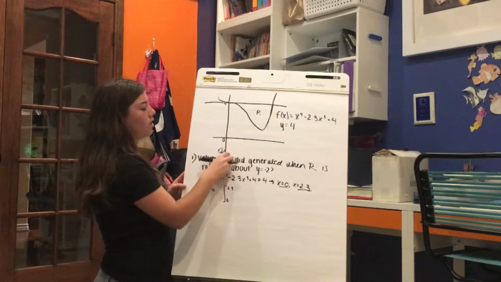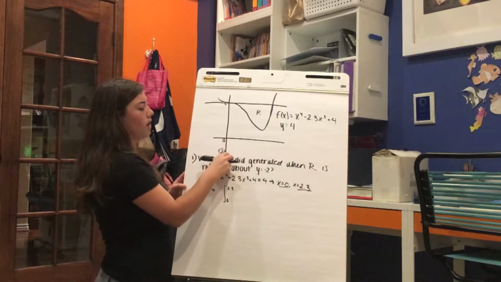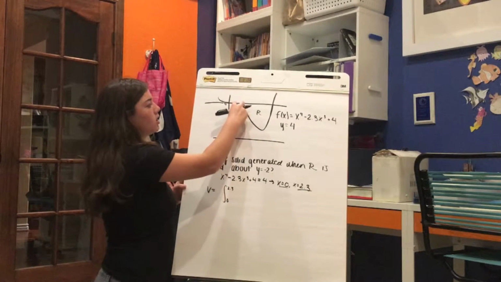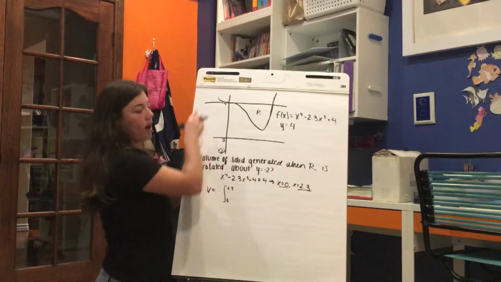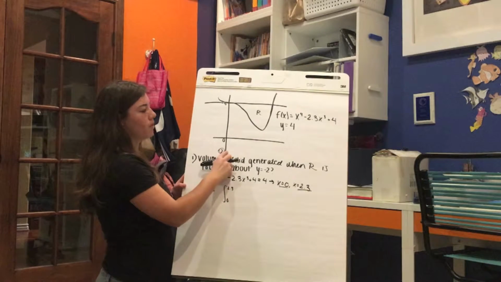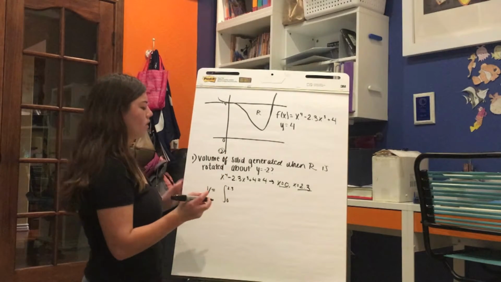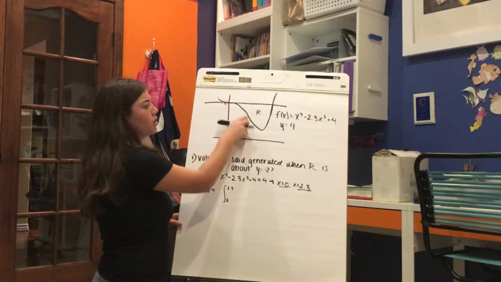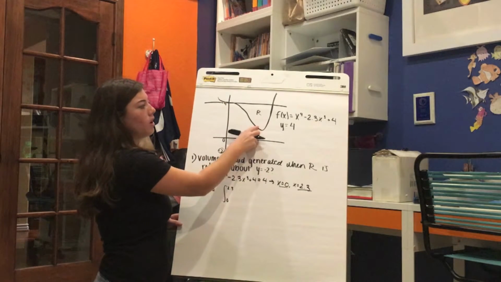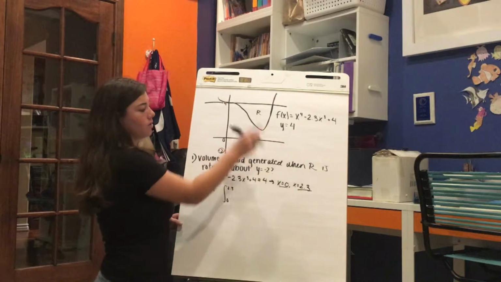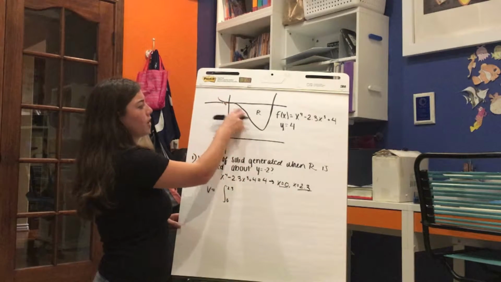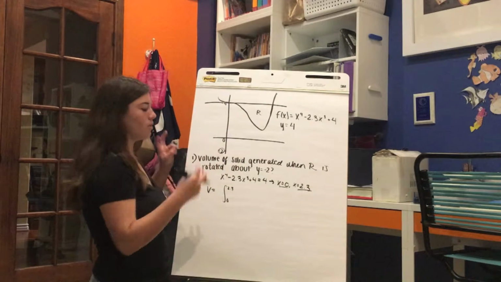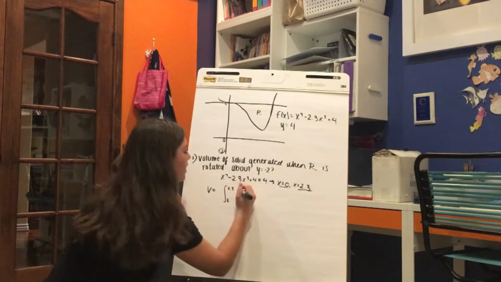To get this extra region to rotate it around y equals -2, you're going to have to add this space so that you rotate it fully around the y equals -2 line. And then next you have to make sure you hollow it out with this f of x part so that you get region R actually rotated around it. You're going to do the same thing: you're actually going to add 2 to rotate it, even though it's -2. So you're going to set it up like this.